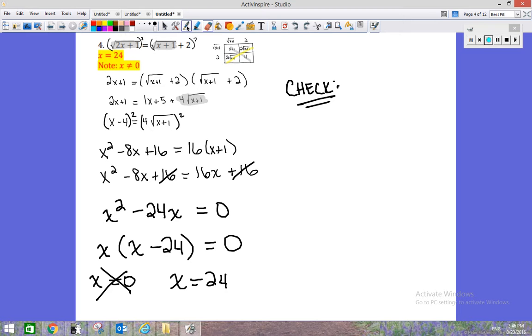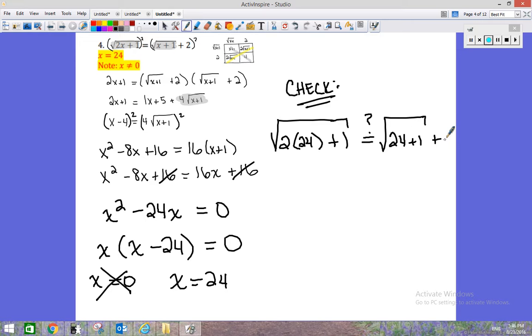So on the left hand side, when we plug in 24, we've got 2 times 24 plus 1. Now the question is, when we plug that in on the right hand side, will these be the same number? So if we've got 24 plus 1 and then plus a 2.